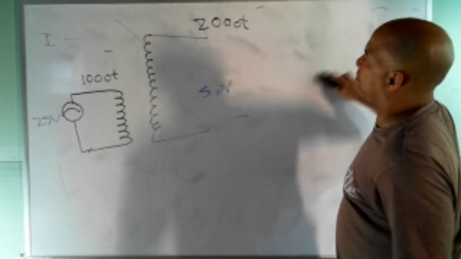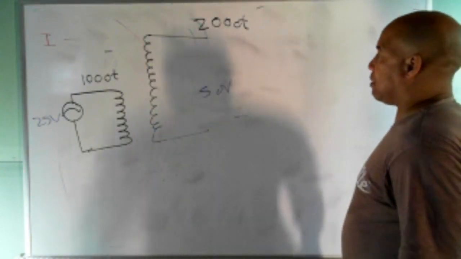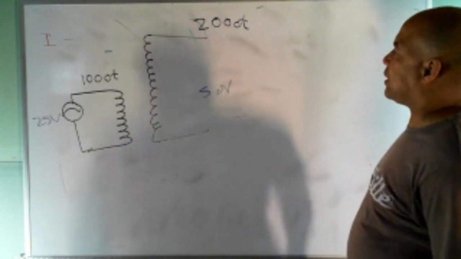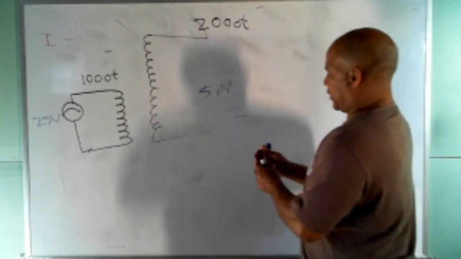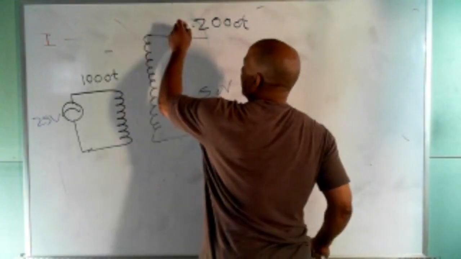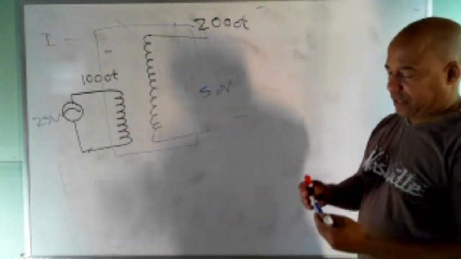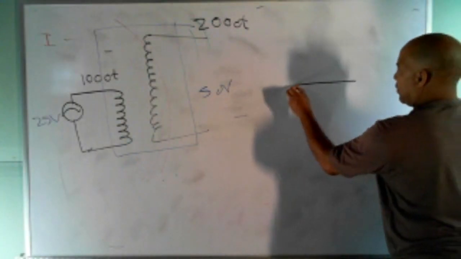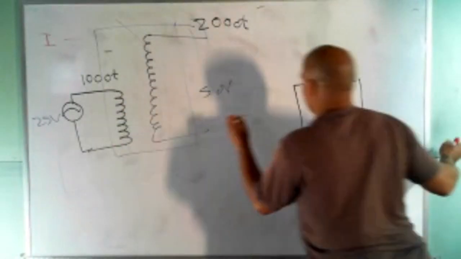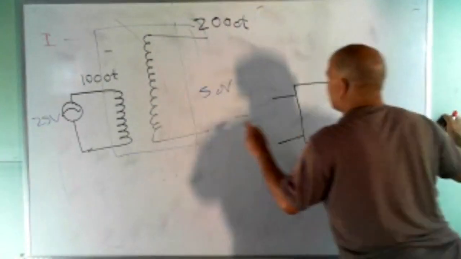Here's the way to think about this. Well, actually, do I want to explain that now? Well, I guess I could. So, the way this works, let's look at this as a black box. Even though we know there's coils in there, let's just say we can't see inside the box. We got this box, and I got these two leads coming in here. I got these two leads coming out.